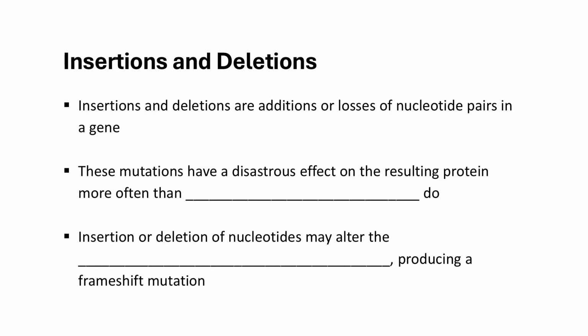Besides substitutions, there can also be insertions and deletions. Insertions and deletions are additions or losses of nucleotide pairs in a gene. These mutations can have a disastrous effect on the resulting protein more often than substitutions do.